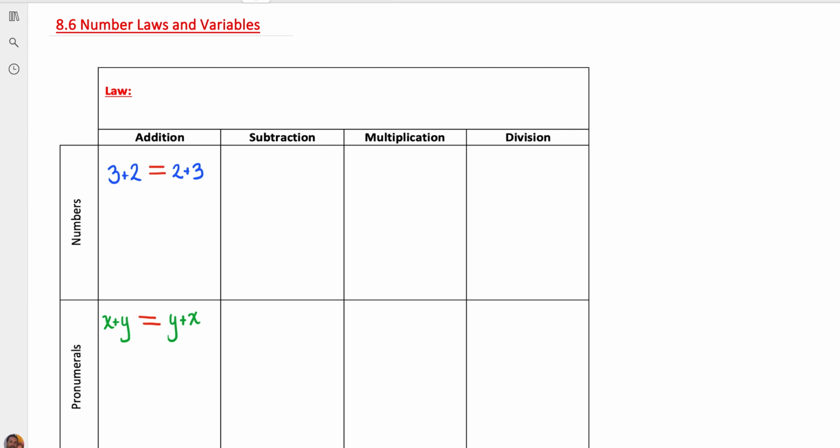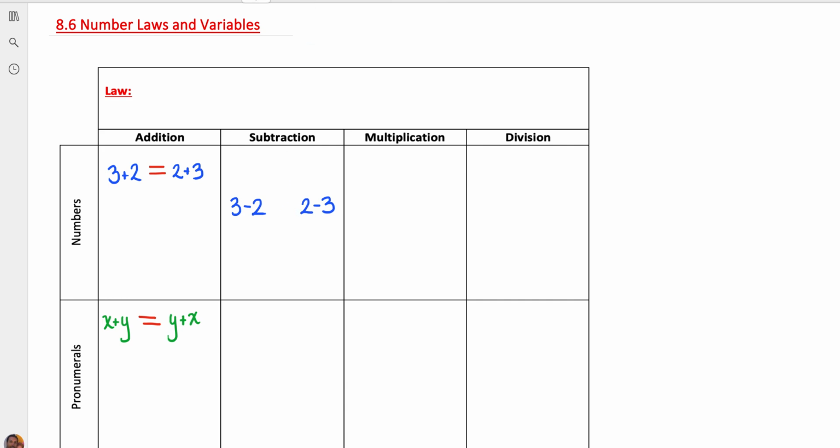Okay, let's talk about subtraction. If I say 3 take away 2, is it the same as 2 take away 3? I hope that you're saying no, it's not the same, because 3 take away 2 is equal to 1, whereas 2 take away 3 is equal to -1.